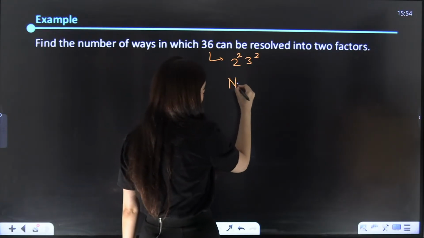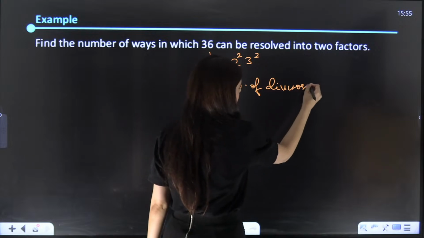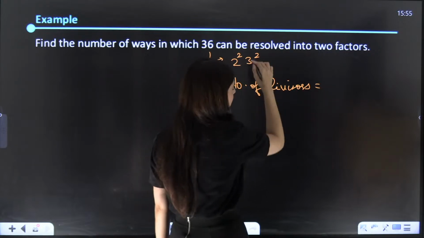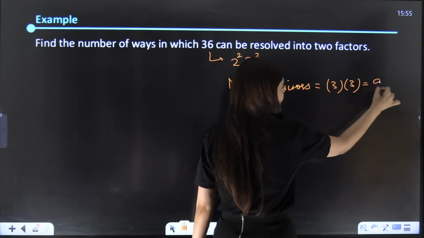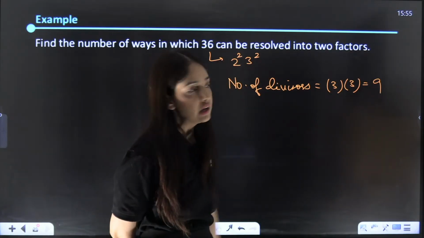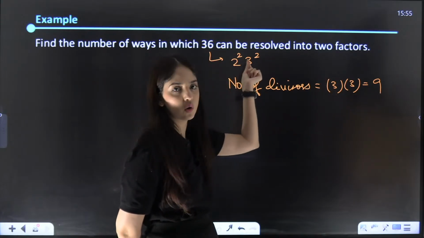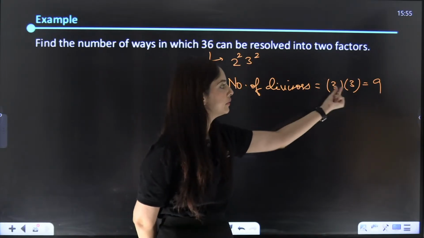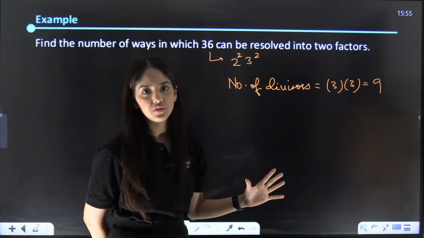Total number of divisors is (2 plus 1) into (2 plus 1), 3 into 3, 9. Odd, clearly it will be odd because even plus 1 is odd, even plus 1 is odd, we are multiplying only odd numbers, so we get an odd total number of divisors.